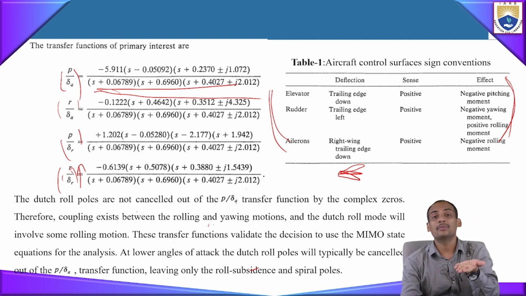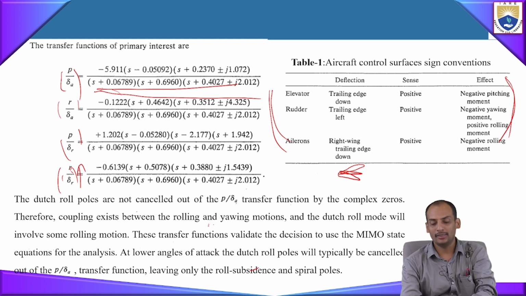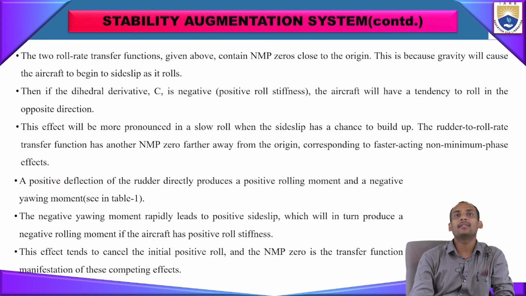the roll rate suddenly decreases and suddenly increases. So that will be cancelled out, and whatever the required transfer function is, only that will be activated, so that the subsequent control input will be given to that circuit. The two roll rate transfer functions given above contain numerator zeros close to the origin.